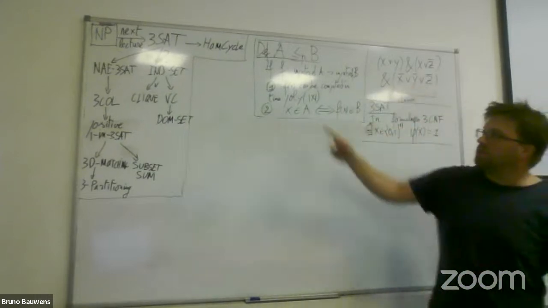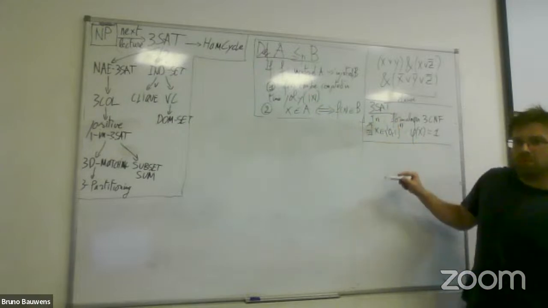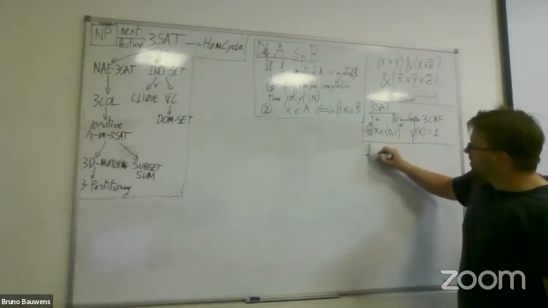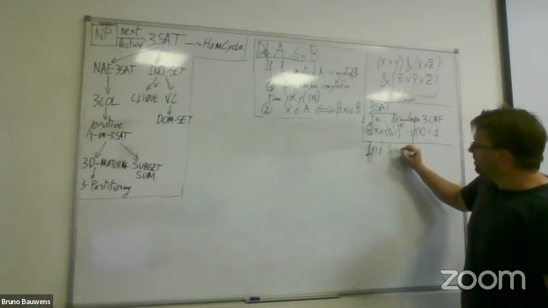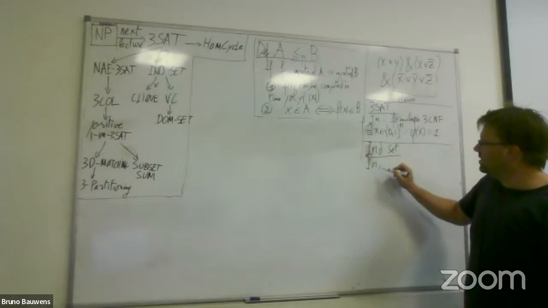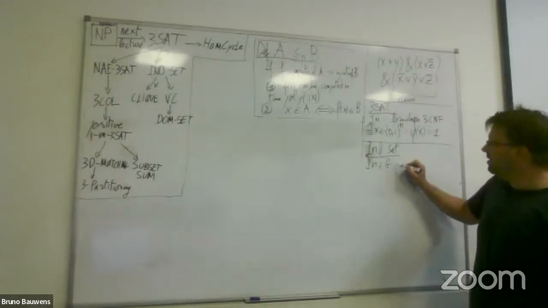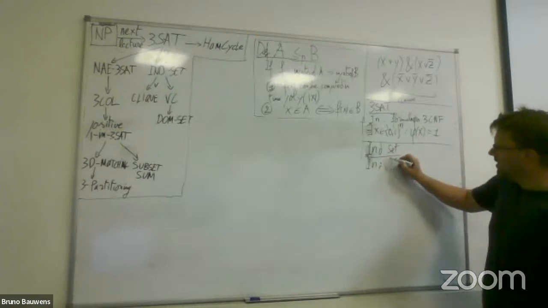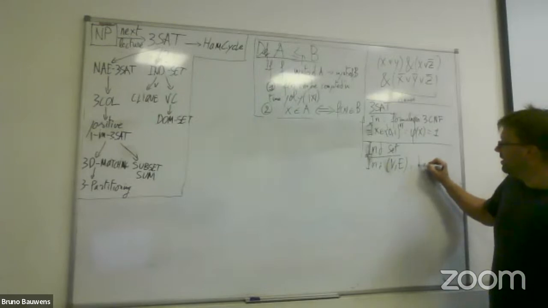And so let us reduce it to the independent set problem. So here the input is a graph and an integer k. Let's write graphs as pairs, a set of vertices and edges, and an integer k.